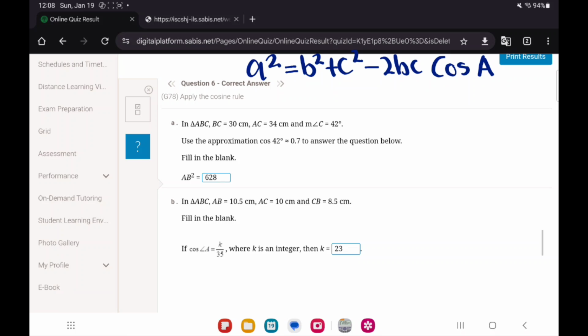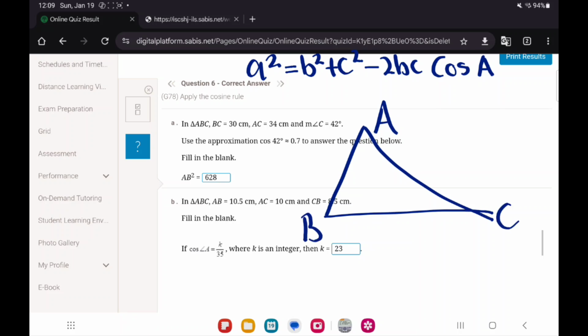For me, it is way easier, okay? Because you can see where the angle is, what's the side opposite of it, okay? So let's just draw a normal triangle. They don't tell you it's a right triangle, so don't draw a right triangle, okay? So let's just label it A, B, C. And they're telling you side B is 30 centimeters, AC is 34, and angle C is 42.